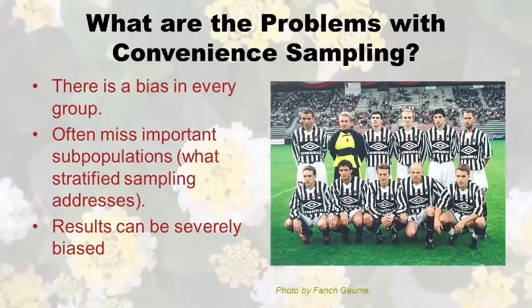And also, more importantly, when you do convenience sampling, you often miss important subpopulations. So remember stratified sampling, how sometimes people don't group evenly into the different strata? Maybe they do kind of in high schools, but especially when it comes to job classifications, they usually have fewer bigwigs than they do lackeys, right?